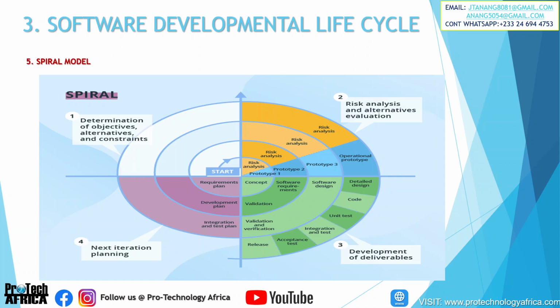Then we come to the third quadrant, which talks about the development of the deliverables, and then we have the next iteration planning. At every stage we consider the things that need to be considered. The first quadrant is our start, and from the second quadrant we have the risk analysis that needs to be performed there, and then we also have the prototype.